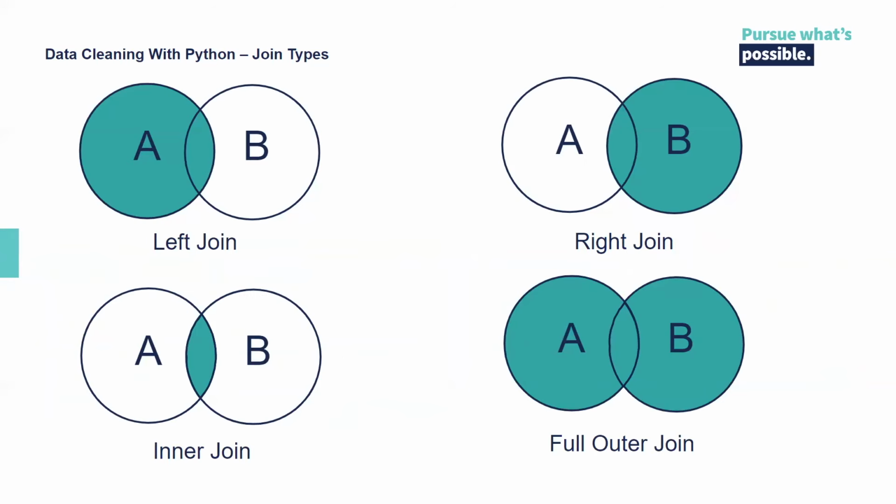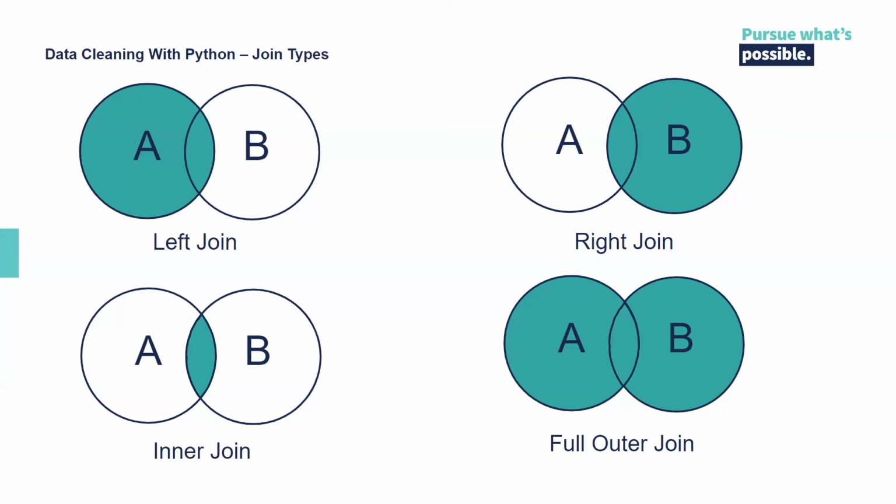The four main kinds of joins are left joins, right joins, inner join, and full outer join. So what this means is if we do a left join, all the records in table A remain, and only the records that match the join field in table B are brought over. A right join is the opposite.